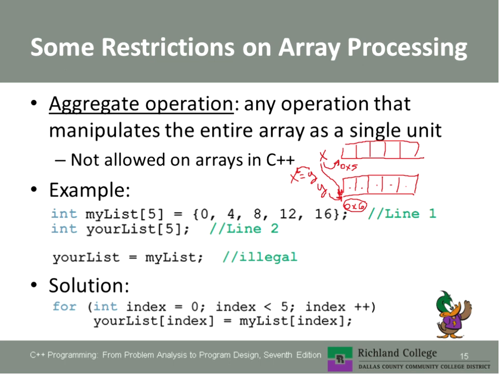Okay, so the equal operator will not go through every single one of the elements in the array. It would only assign the array address, what we'll call base address, to a new identifier. So this is not allowed.